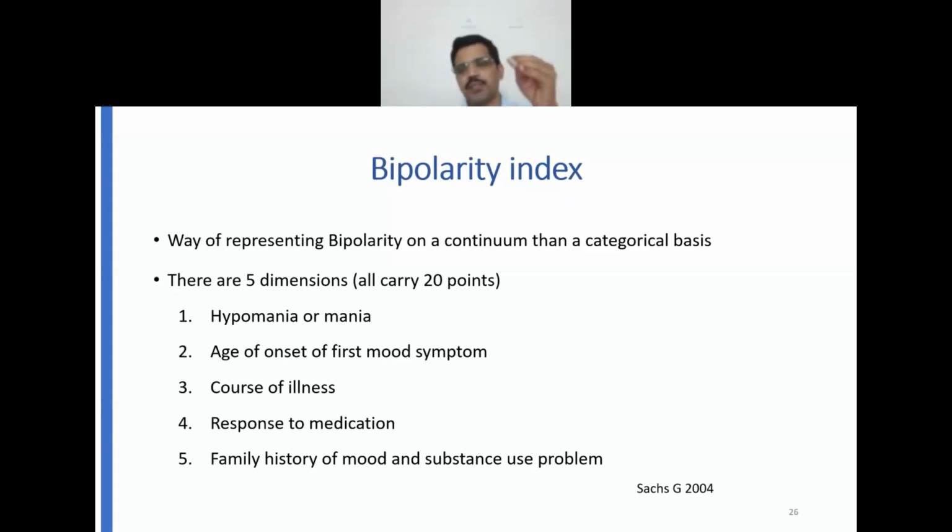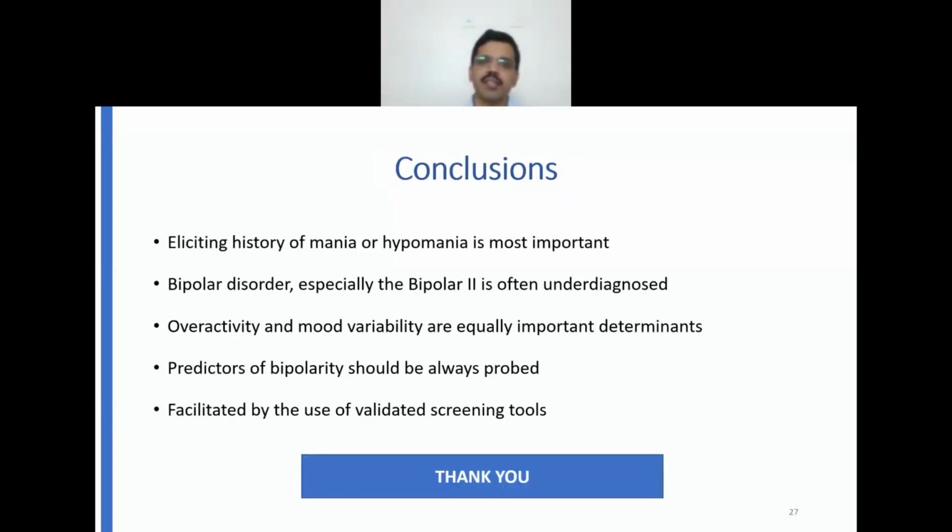What were the presentations of hypomania or mania? What was the age of onset, or the first mood presentations? How did the course of illness run? What was the response to the different medications used? And what was the family history of mood and substance use problems? So this is what is called a bipolarity index.